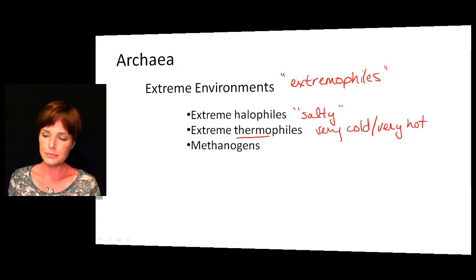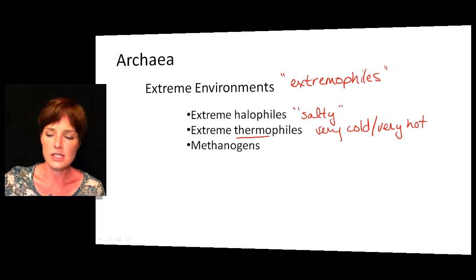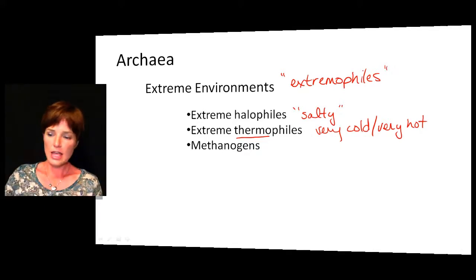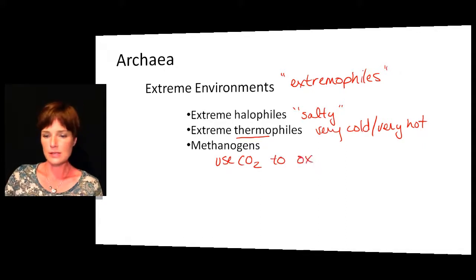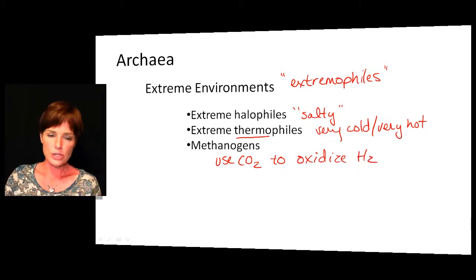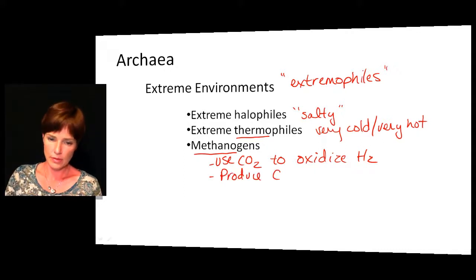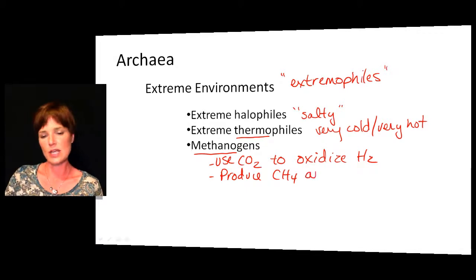The methanogens is a special category, and these are able to use carbon dioxide to oxidize hydrogen gas. And what they do, and the reason that they have this name, is that they are able to produce methane, which is CH4, as a waste.